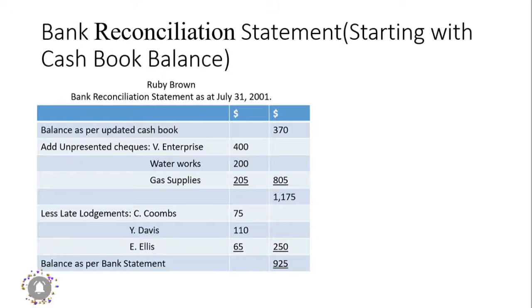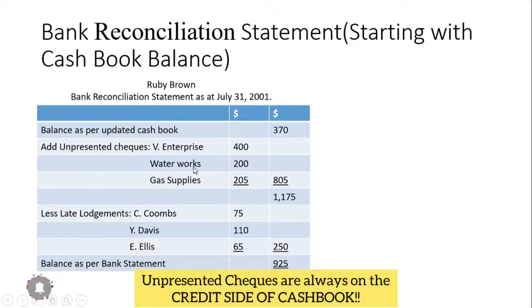Now, where do we find unpresented cheques? See the unpresented cheques here. Where do we find unpresented cheques? Just remember that unpresented cheques are cheques that you pay out or that you draw. So in your cash book, it would be on the credit side. So unpresented cheques are always those items that are not ticked on the credit side of the cash book. You get that?